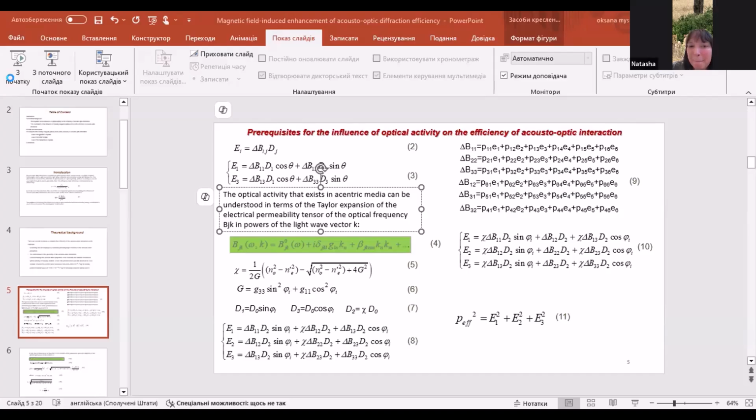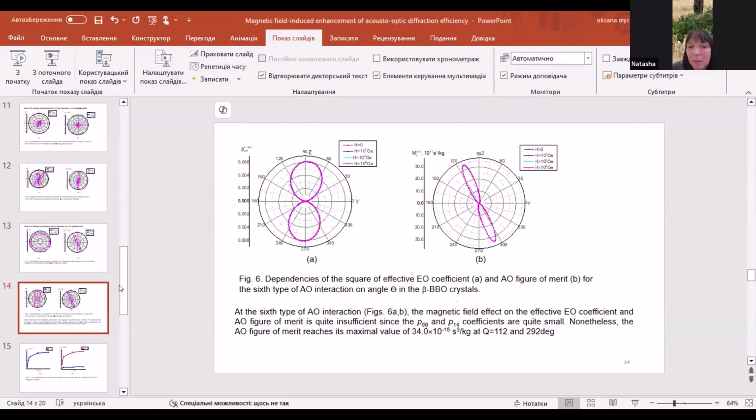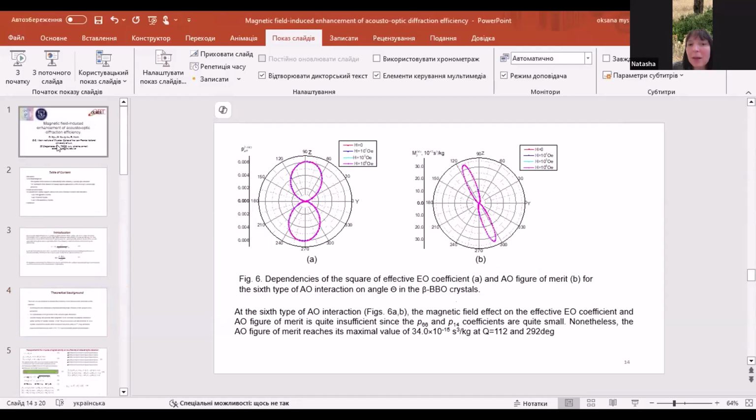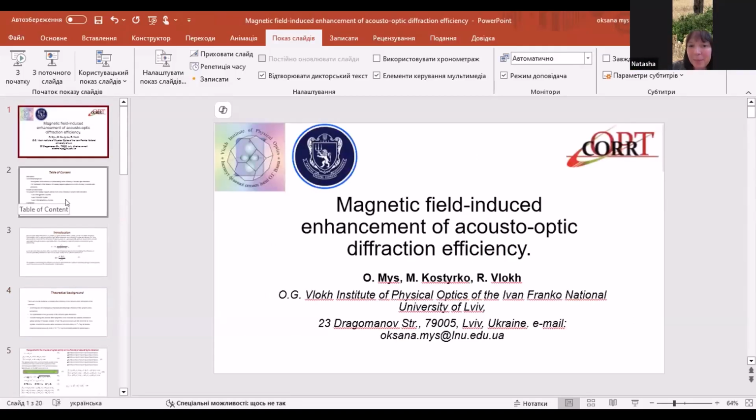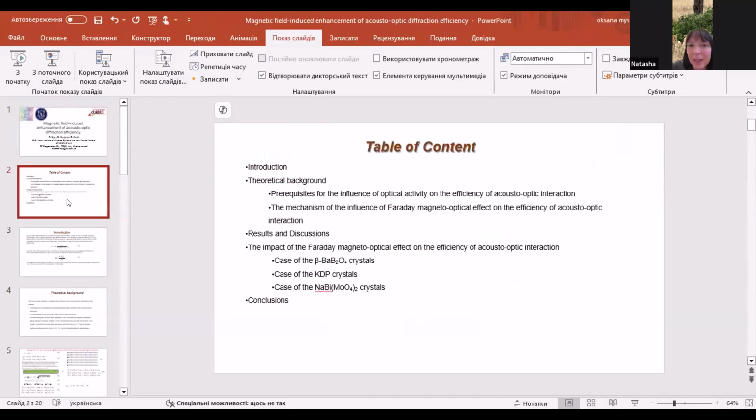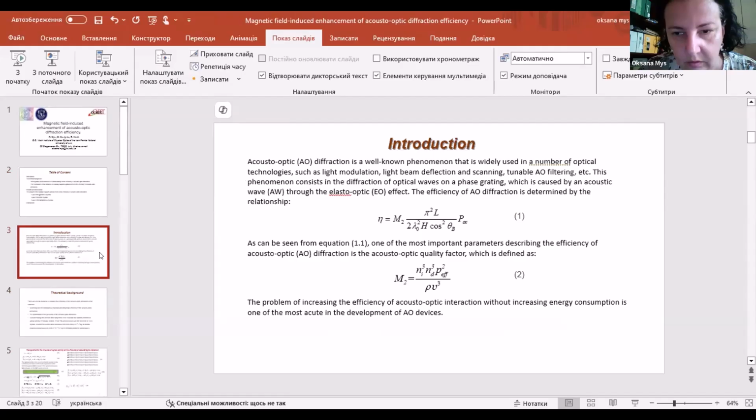Yeah, now it's moving. Second one. Yes. Third one. Yeah, now it's scrolling.